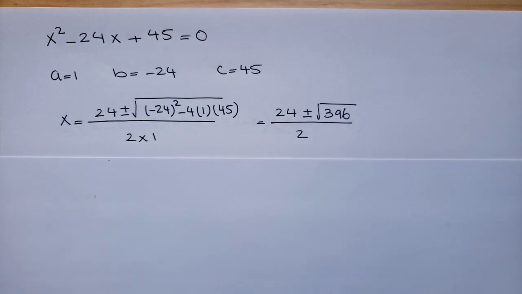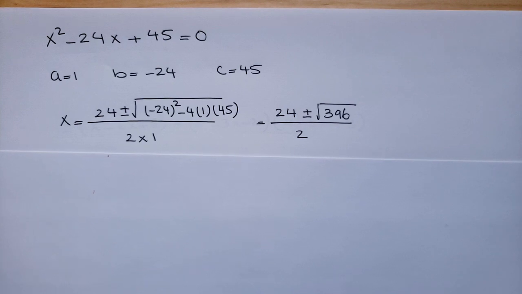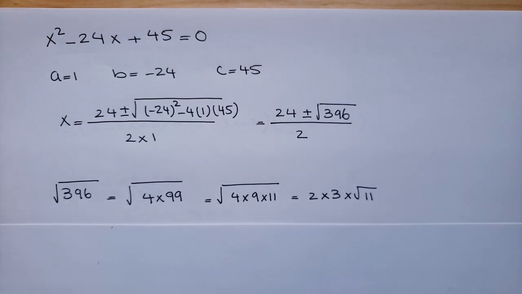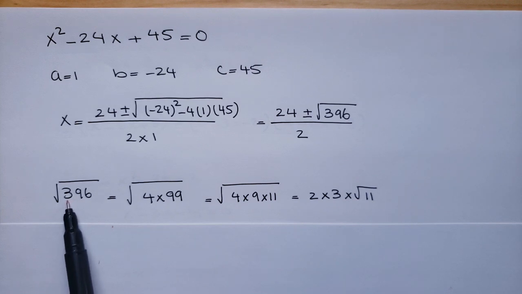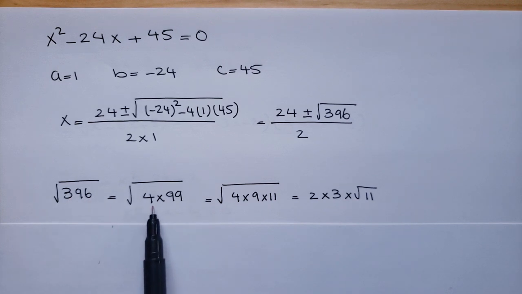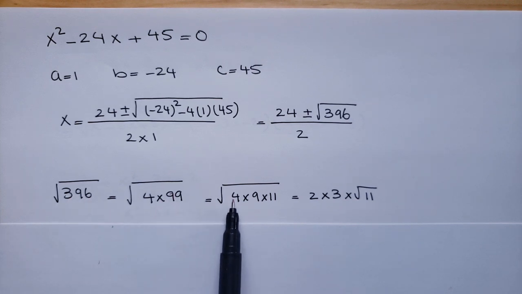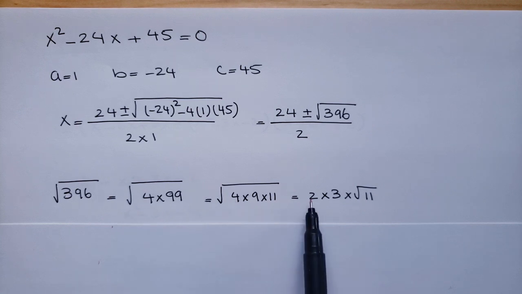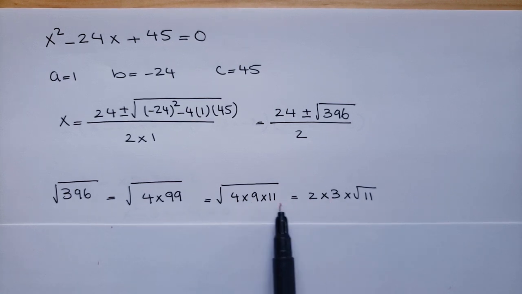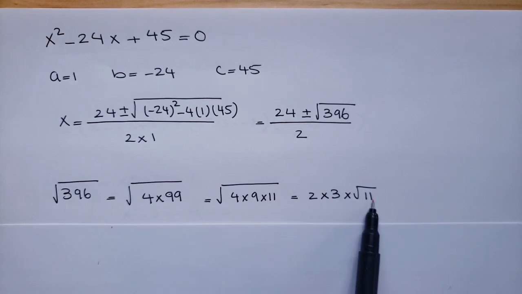So under the radical is 396. Okay, so 396, I would know 396 is 4 times 99, or in other words, 4 times 9 times 11. So here, the 4 can come out as 2, the 9 comes out as 3, but 11 stays under the radical.